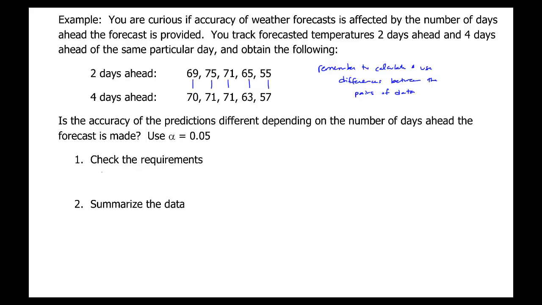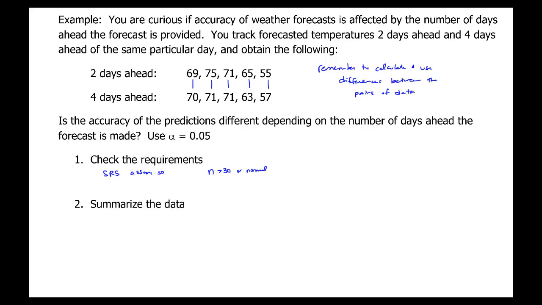So let's check the requirements first. We need a simple random sample. It doesn't say in the problem, but let's just assume it is for the sake of doing an example. We need sample size greater than 30 or normal.